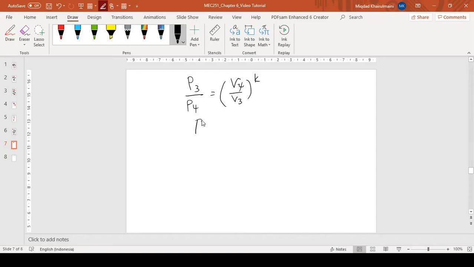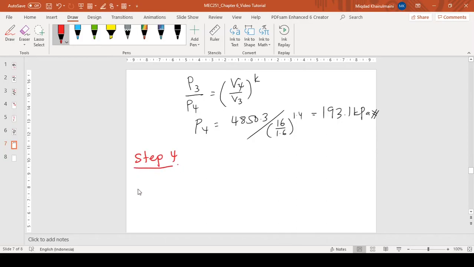So P4 is equal to the pressure at state 3, which was 4850.3, divided by the compression ratio over the cut-off ratio to the power of 1.4. This will give us 193.1 kilopascal. So we have calculated all the required properties, and we can then proceed with step number 4.